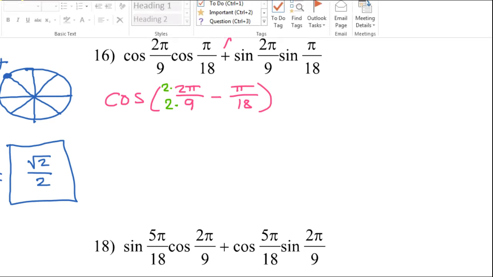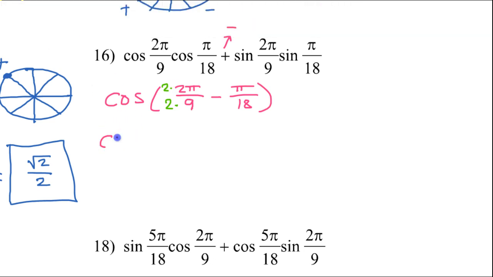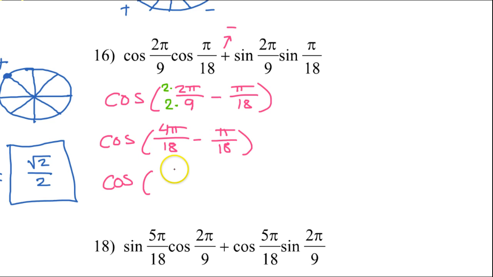So now I have the cosine of 4 pi over 18 minus pi over 18. Okay, so that's going to be the cosine of, and this is like 4 minus 1, so this will be 3 pi over 18.